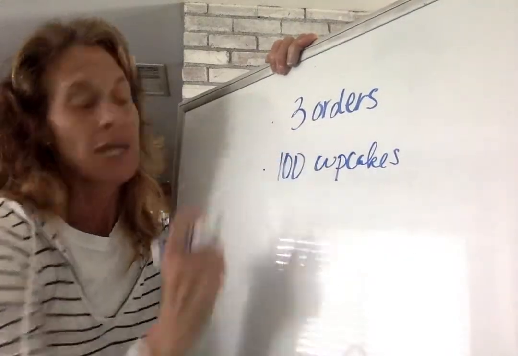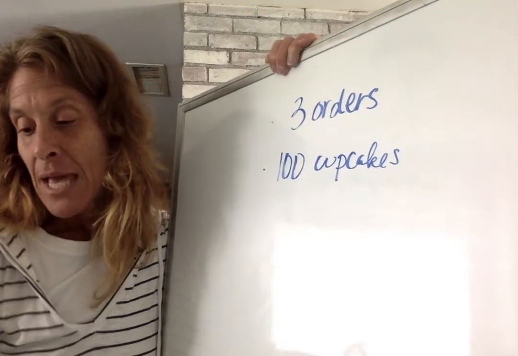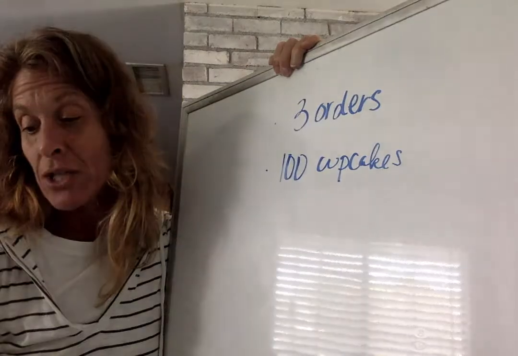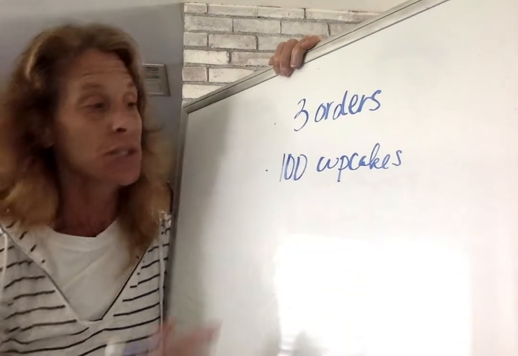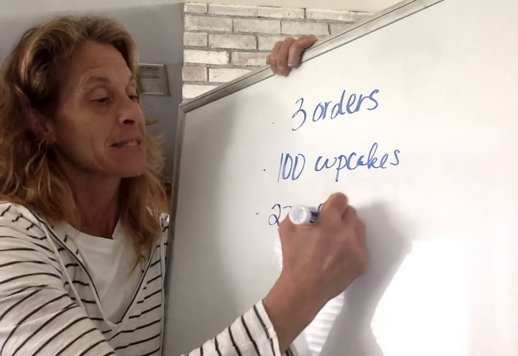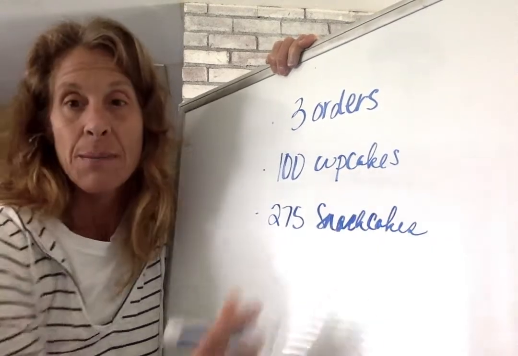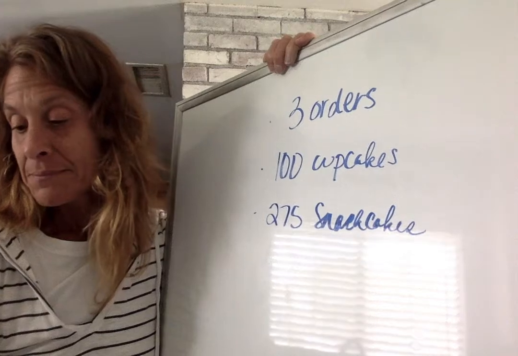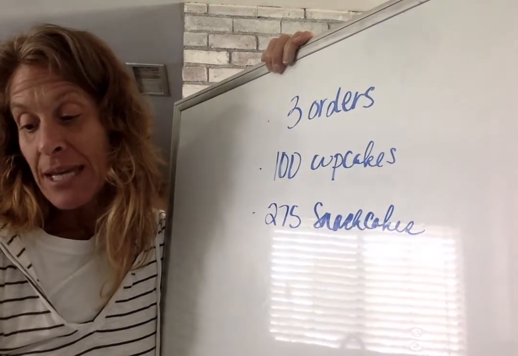Each afternoon, he makes 275 snack cakes to be shipped to stores. So he makes cupcakes and snack cakes. Sounds delicious. About how many desserts does he make each day?